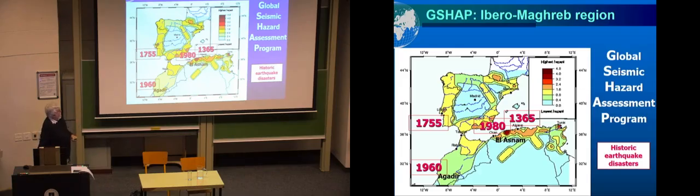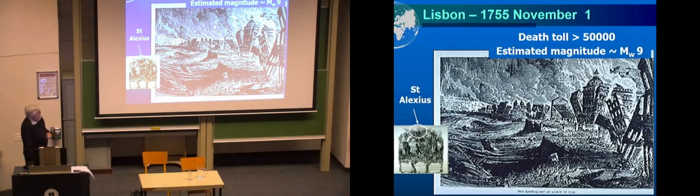That's in some of the Arab literature. That was where a 2003 earthquake event occurred right in the green, relatively safe area. So one has to take some of these seismic hazard maps with a pinch of salt sometimes.